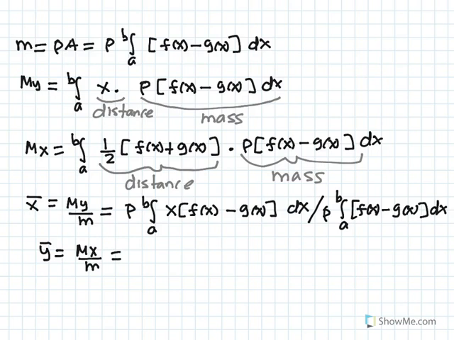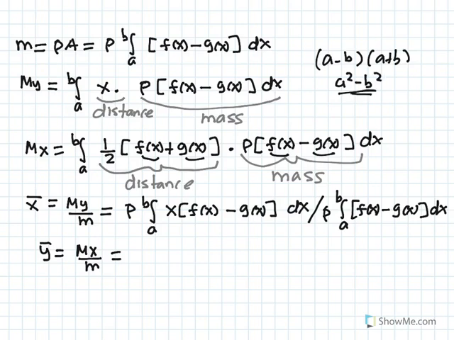Now, what is the moment with respect to the x-axis? If you multiply these out, this is f of x plus g of x times f of x minus g of x. It's kind of like a minus b times a plus b. And what do we get when we multiply that out? We get a squared minus b squared, because the middle terms cancel out.